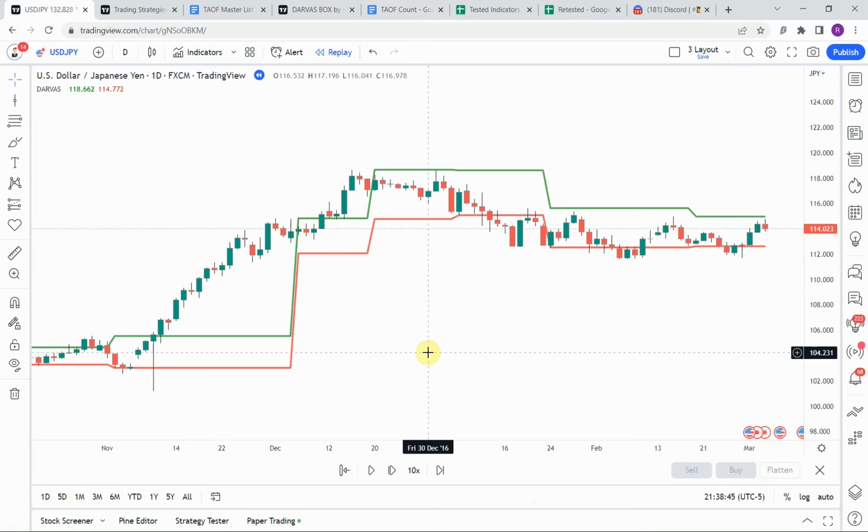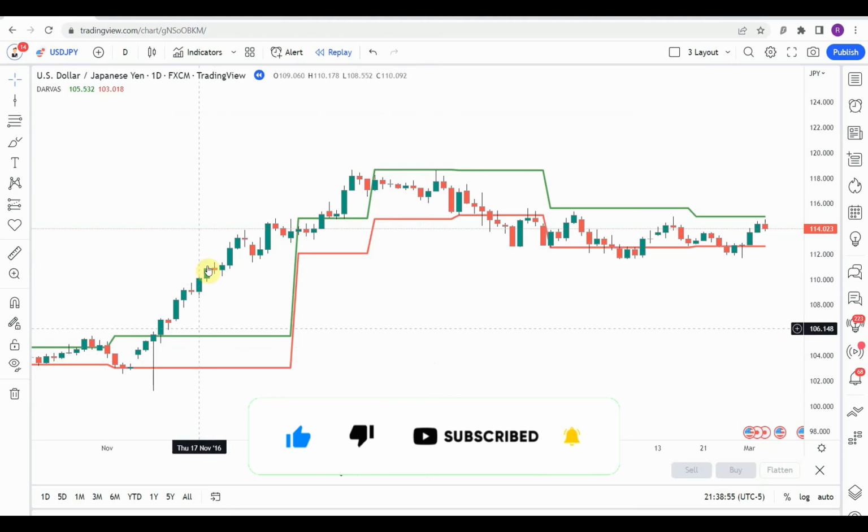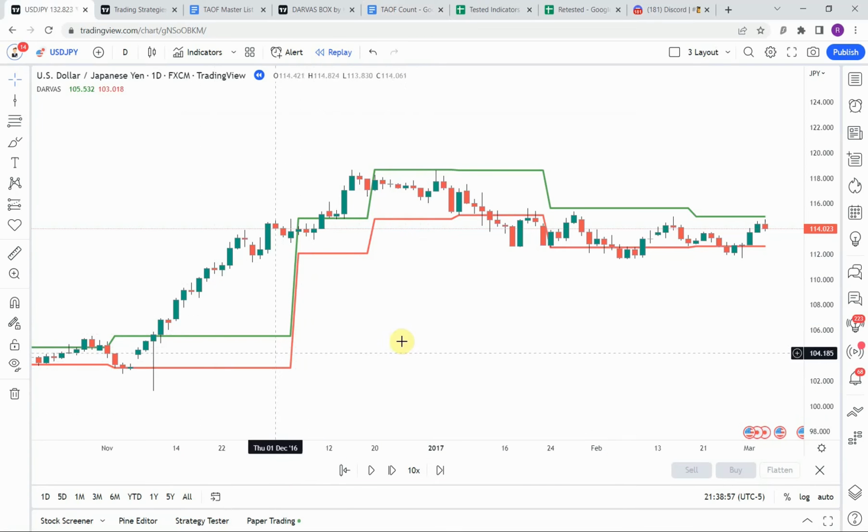Okay, so today we are looking at an advanced testing of the Darvas box indicator. On the original testing, this was able to test over 10 trades within the 1 year's time. And so we did have this on the daily time frame in the retesting, so we didn't have to modify the stop and take profit at all.